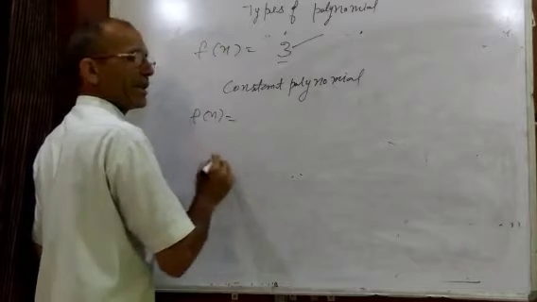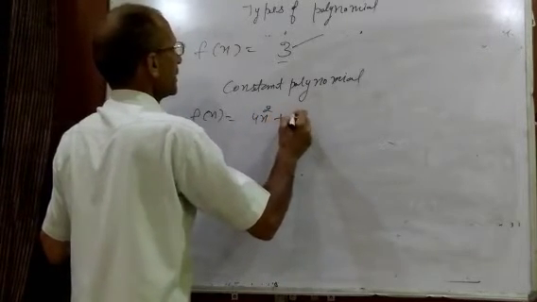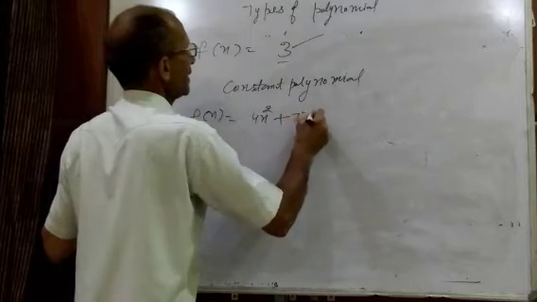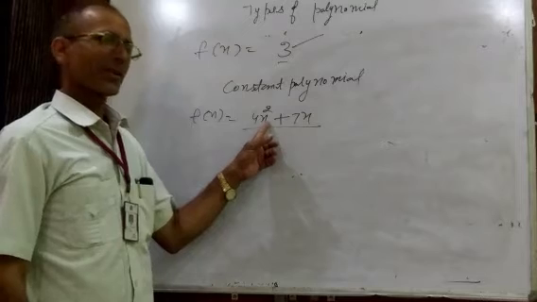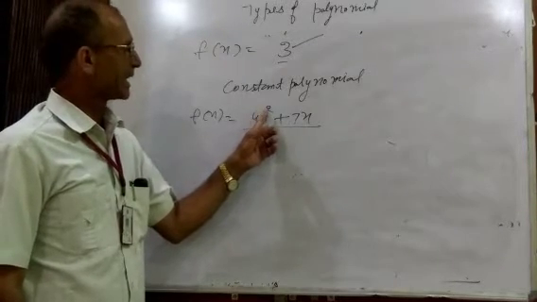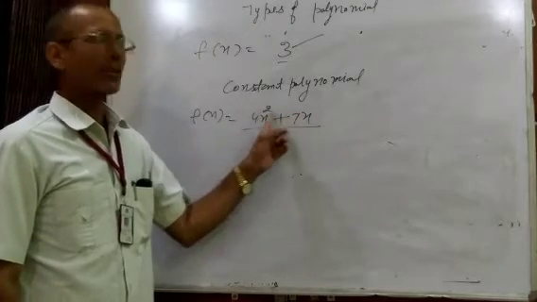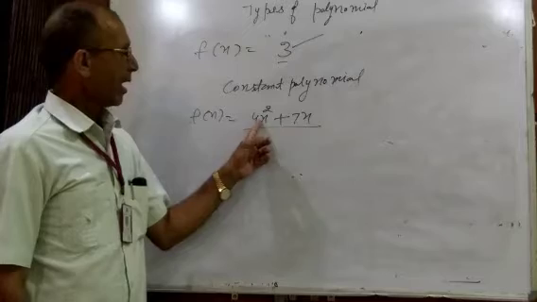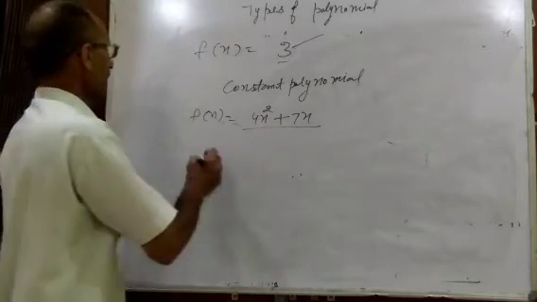f(x) is equal to 4x square plus 7x. This is a quadratic polynomial with degree 2. The highest power of the polynomial is 2, so this is a quadratic polynomial.